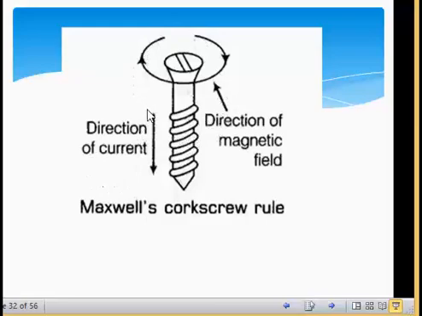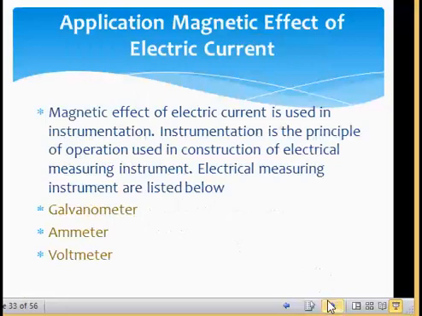So if the current is downward, the magnetic field will be in a clockwise direction. But if the current is upward, then the magnetic field will be in an anti-clockwise direction. So I hope that is well understood. So I think that is it.